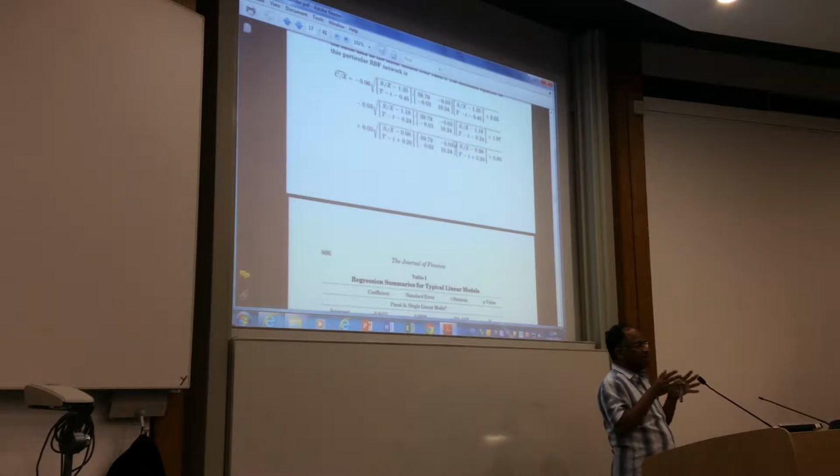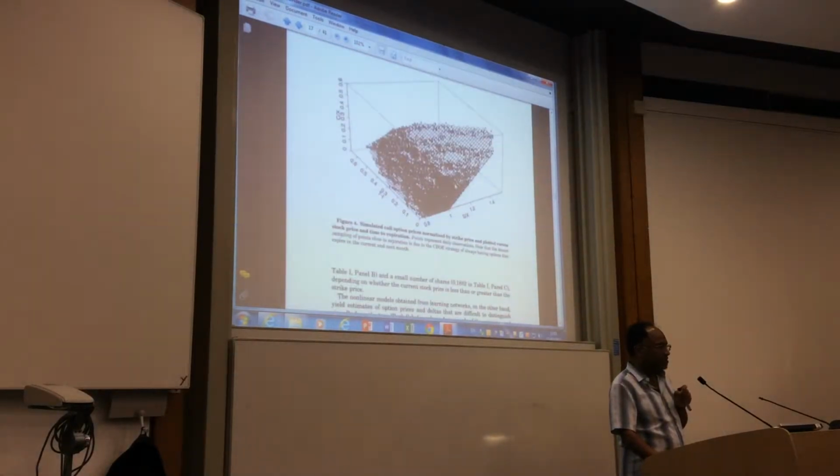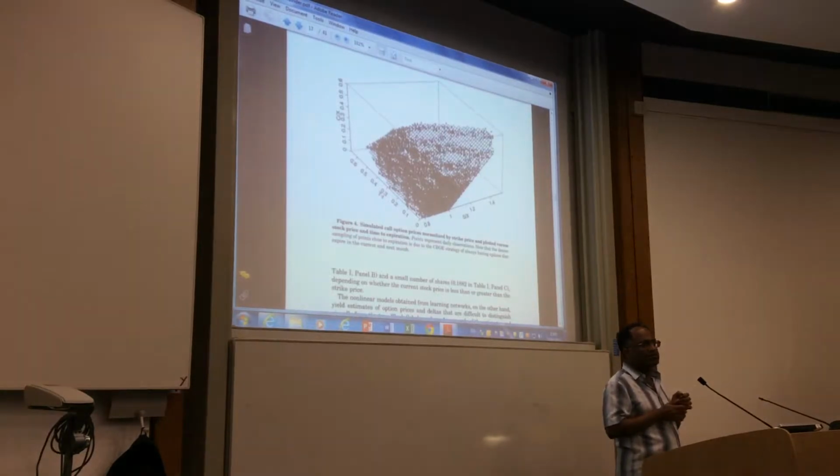This is the fundamental thing that we observe. Okay? So these guys would train up a data-driven model which looks like this, and from this evaluate the hedge ratio, or the delta, and show that quite a cool approximation comes out.